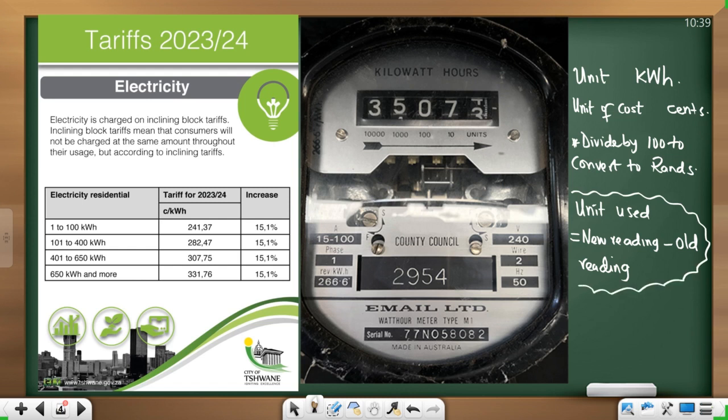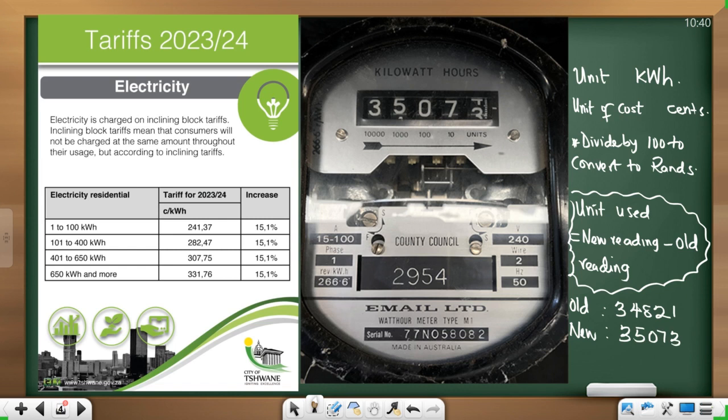For example, if we come now and check your reading, and let's say the old reading is 34821, and now we come, the new reading, as this meter is showing, 35073. This one is already moving from 3 to 4.